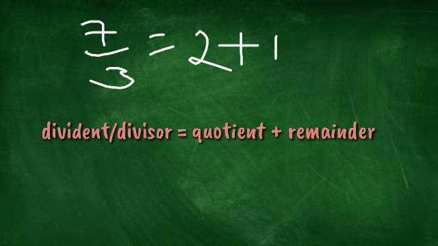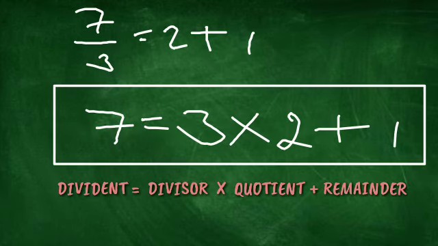That is, 7 is the total number of sweets, 3 is the number of sweets per guest, 2 is the number of guests, and 1 is the remaining sweet. It can also be written as 7 is equal to 3 into 2 plus 1. That is, dividend is equal to divisor into quotient plus remainder.